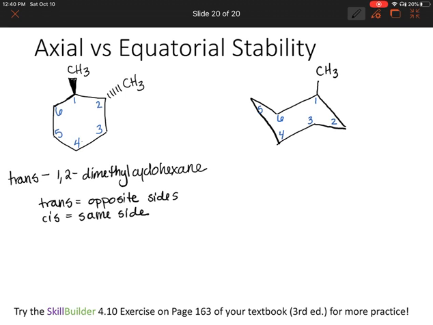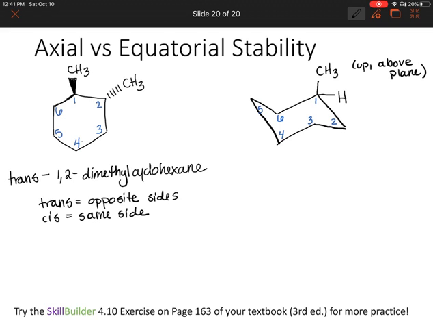So again, the wedge is indicating that the methyl group's up above or coming out towards us. So we want to draw the methyl group as axial on that back carbon. And then of course there's a hydrogen behind that, so we'll draw that kind of down at an angle.